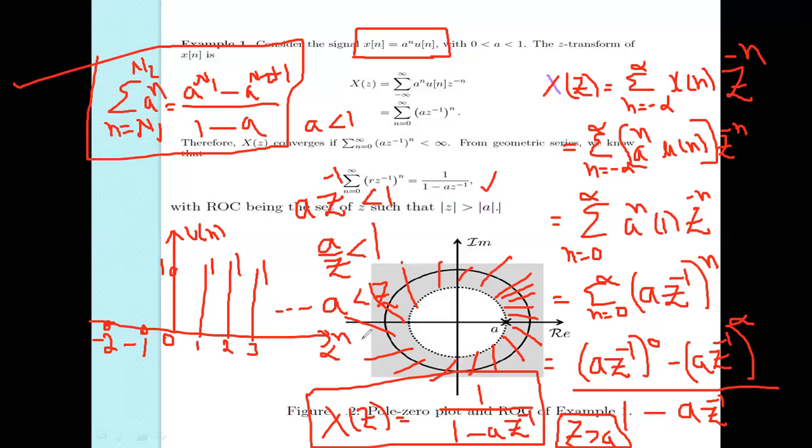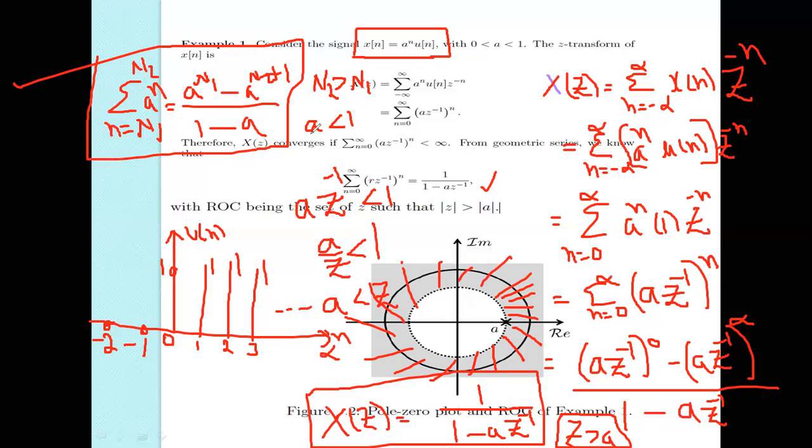For a power n mu of n, the Z transformation is 1 by 1 minus a z inverse using this condition here. And also n2 is greater than n1 definitely. These two conditions must be satisfied to use this formula. In the sum over n from n1 to n2 of a power n, n2 is always greater than n1 and a is always less than 1.